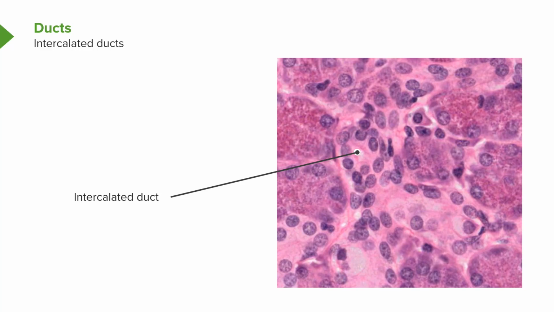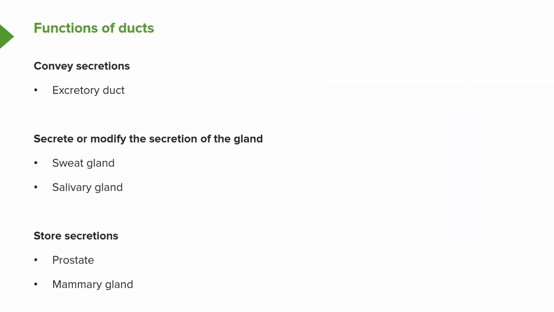Well, ducts have many functions, which I've explained as we've gone through this lecture. One, it's just to convey secretions, and we call it an excretory duct. Sometimes the duct needs to modify the secretion product of the gland, and we'll see examples of that when we look at sweat glands in another lecture on skin, and also when we look at the salivary glands.